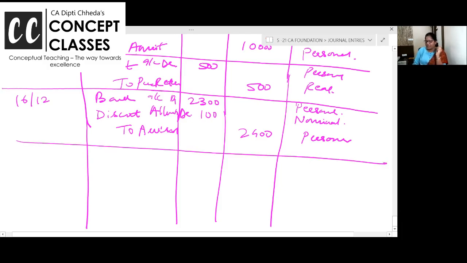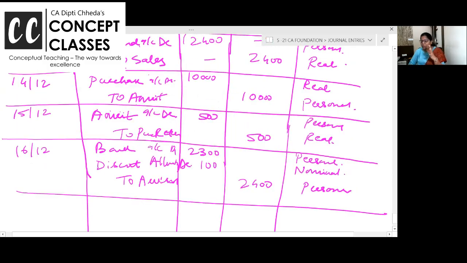Done. This entry is very important. Please listen again and again. I'm teaching foundation, but when I teach Inter and Final, I can recollect. Like in CA Inter, you will do one topic called single entry. Directly you have to post the entries in the ledgers, but in your mind you have to frame the journal entry.